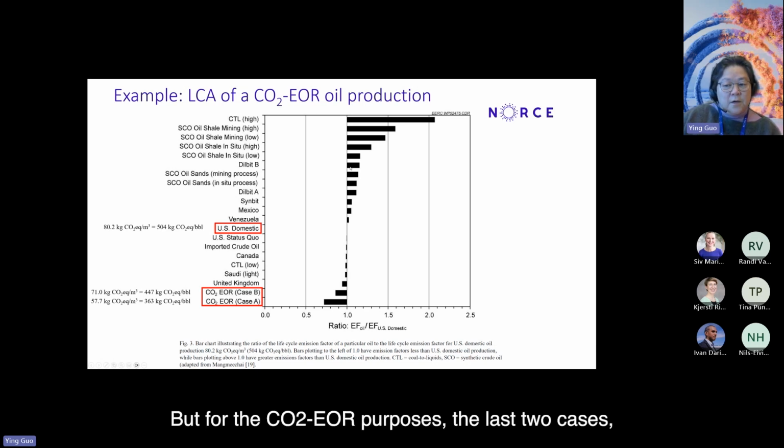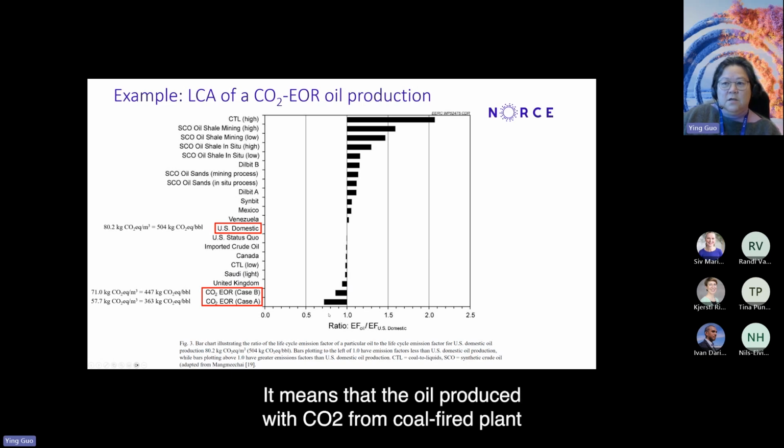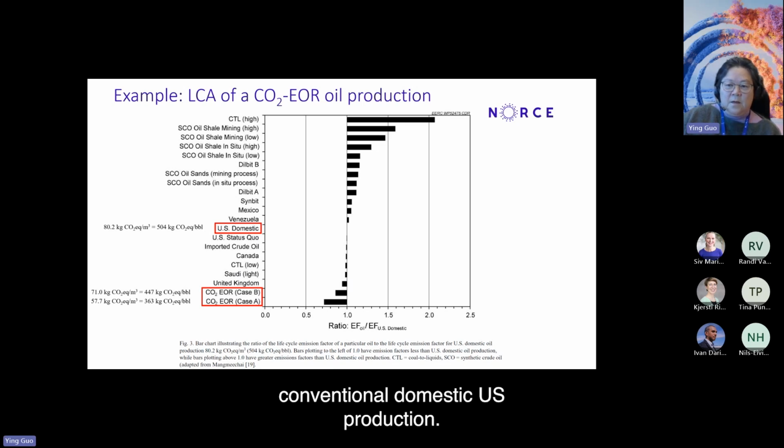But for the CO2 EOR purposes, the last two cases, the ratio is much less than 1. It means that the oil produced with CO2 captured from a coal-fired plant is beneficial as compared to the conventional domestic US production.